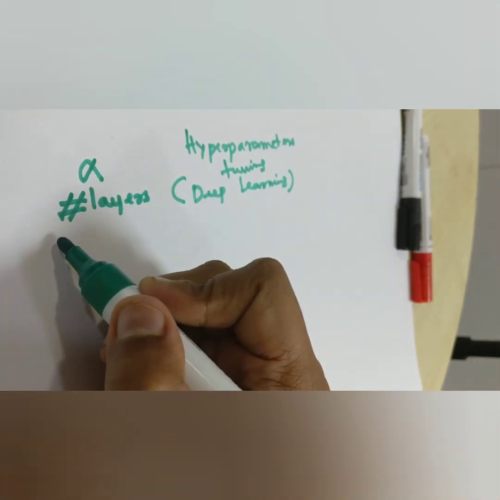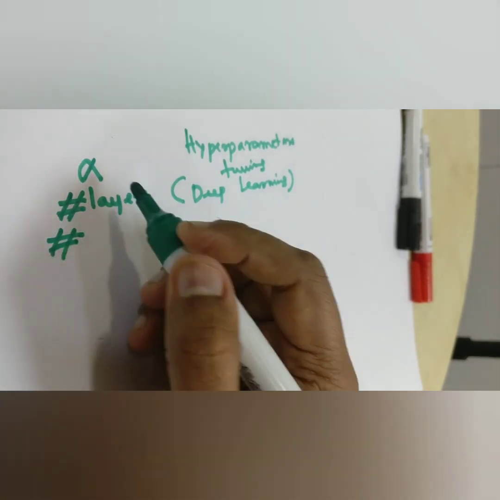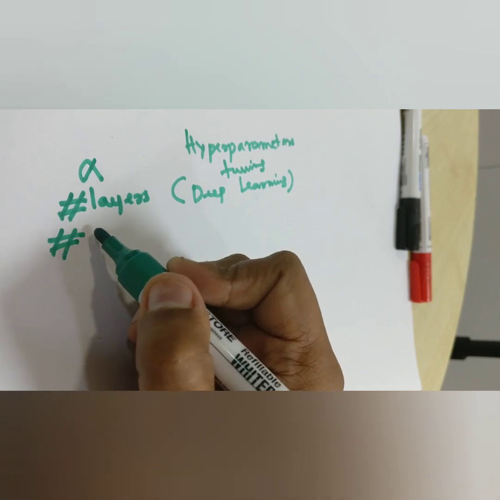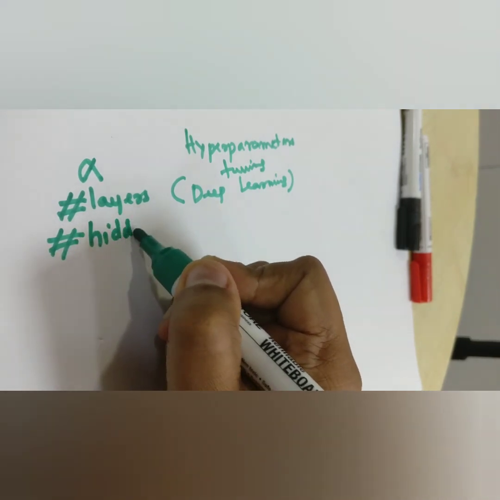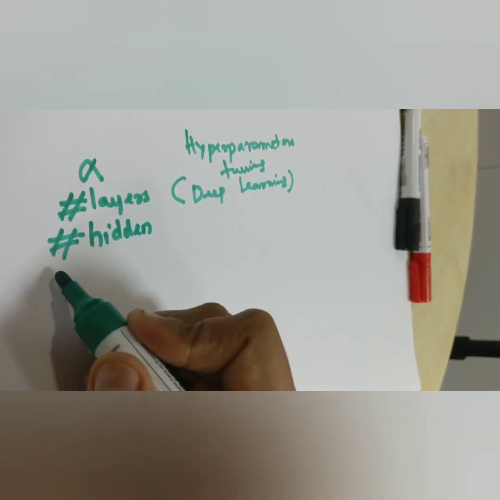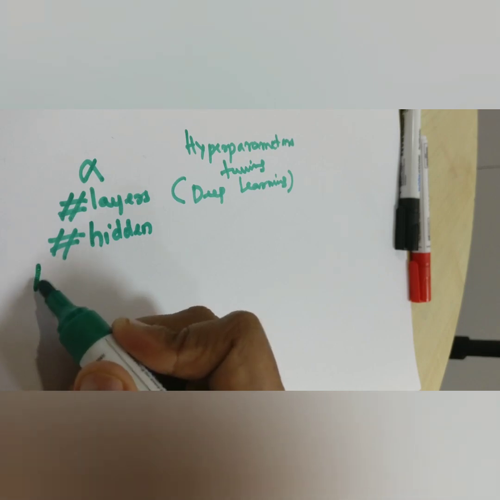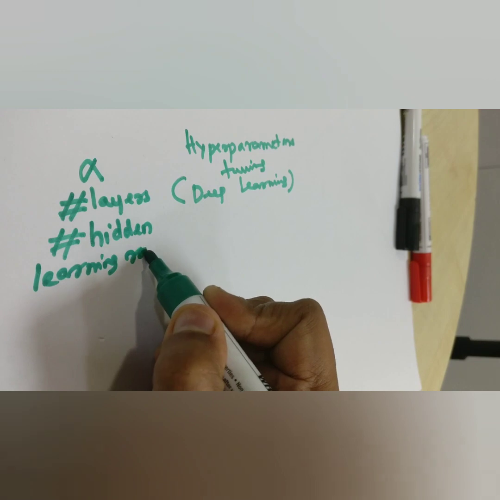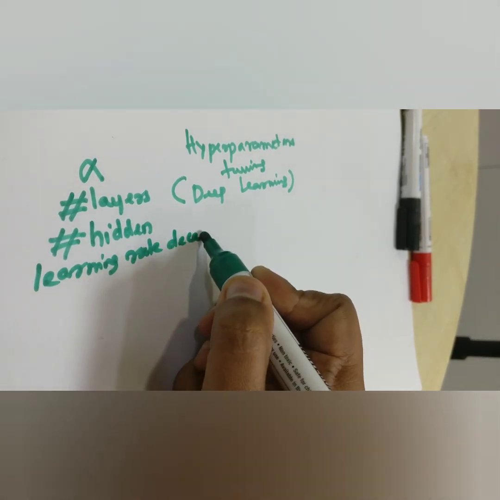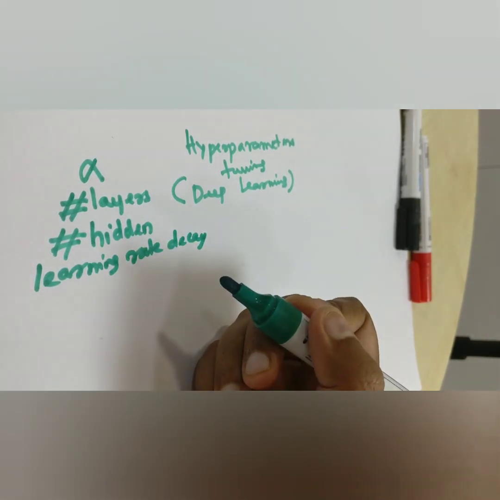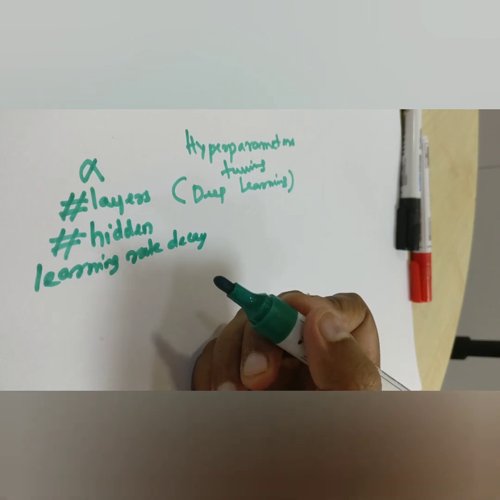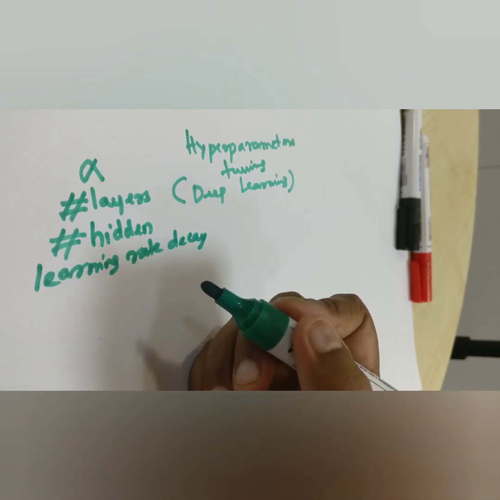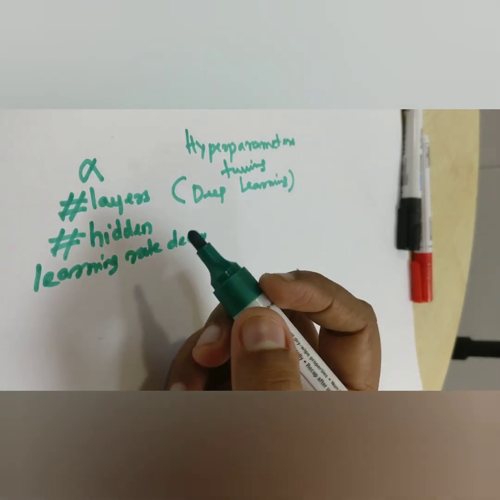We are also trying to find a systematic way to decide how many hidden units we need, and so on. We have also learned about learning rate decay, another hyperparameter that we systematically learn, and we have so many algorithms for that.